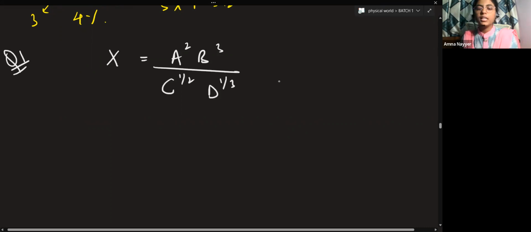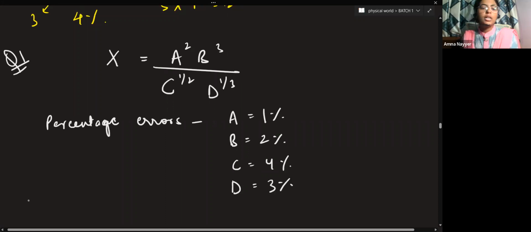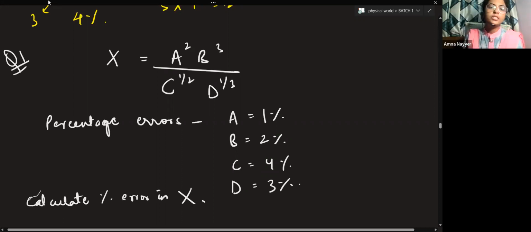You have to calculate, and you are given percentage errors. In A, it is 1%. In B, it is 2%. In C, it is 4%. And in D, it is 3%. So calculate the percentage error in X. This is your question.